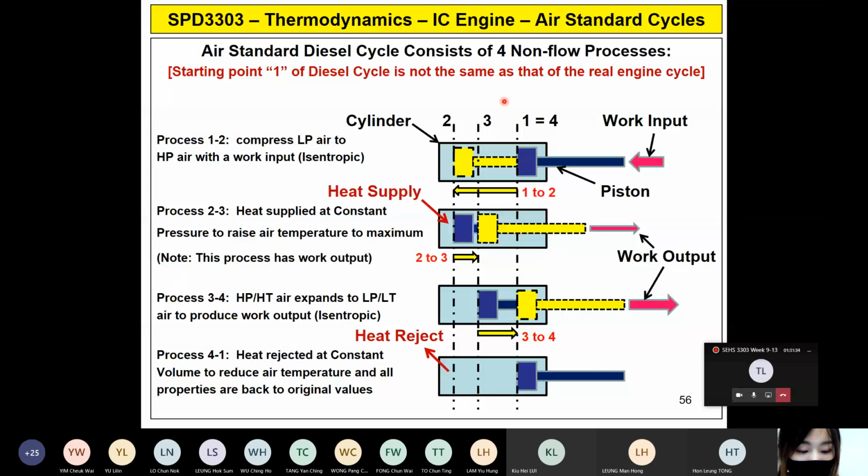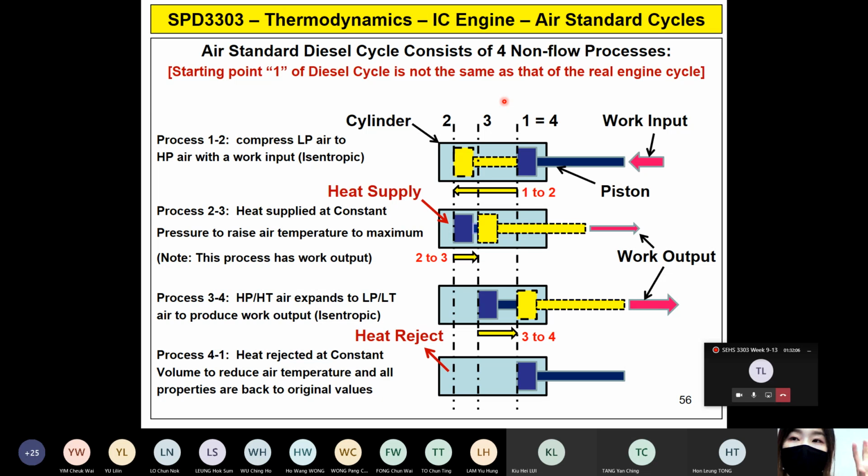In the previous lecture, Professor Liang explained to you why we need an ideal model to analyze an engine, an internal combustion engine. Because the process inside a real IC engine is complicated.